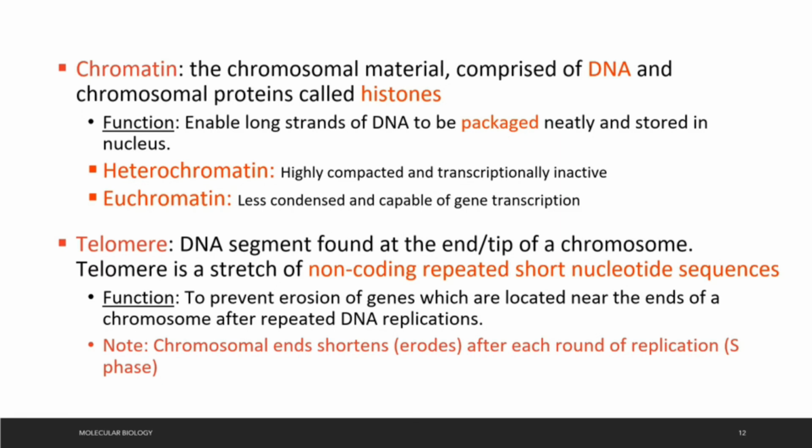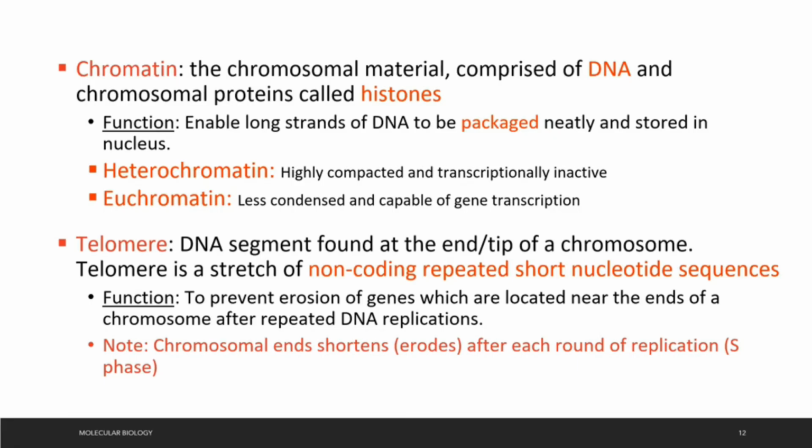And when you have a bit of DNA that's highly compacted, you can expect it to be very difficult to open up the DNA for proteins to access and transcribe those regions of DNA. Therefore, heterochromatin, being highly compacted, is transcriptionally inactive. In other words, they don't get transcribed into mRNA or other RNA species easily.